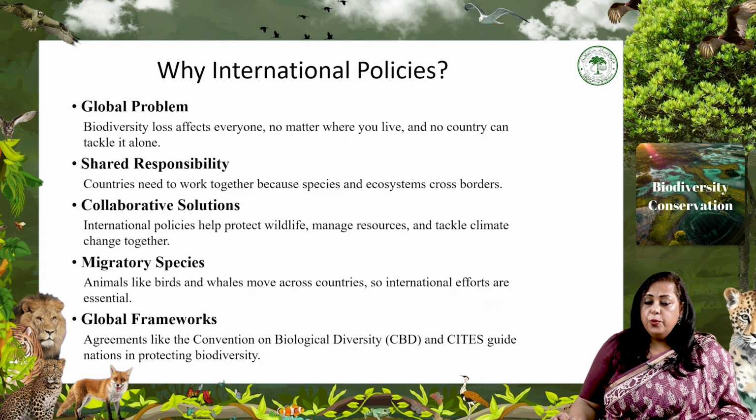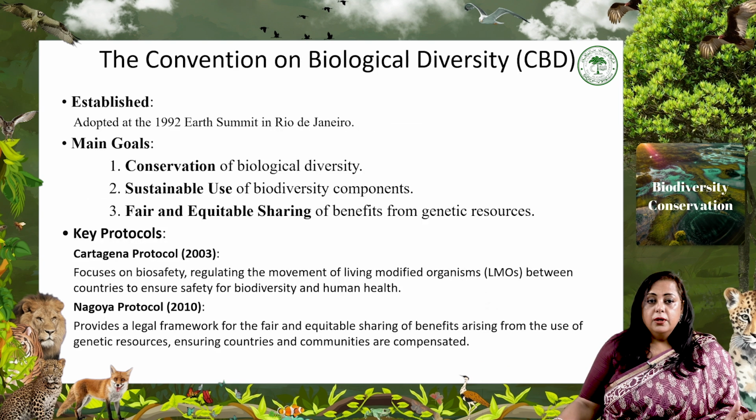And there should be global frameworks and agreements like the Convention on Biological Diversity and CITES to guide nations in protecting biodiversity. There are many conventions for conservation and protection of biodiversity. There are conventions to control the international trade and protect and conserve the biodiversity.